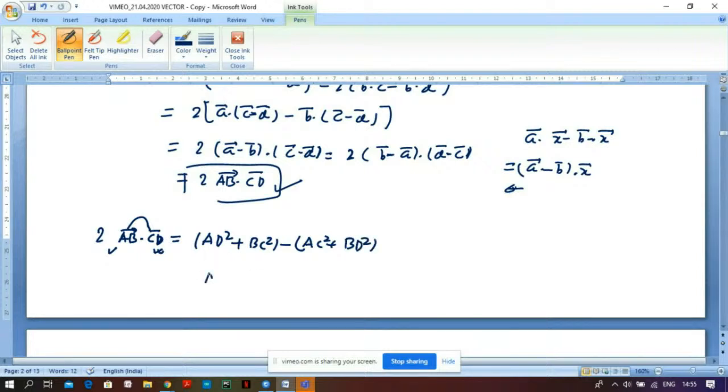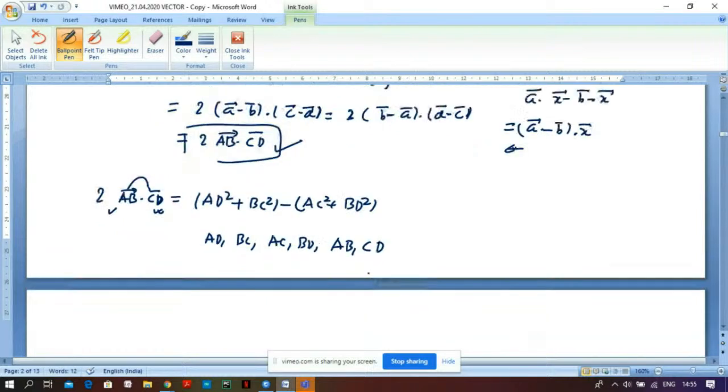Here you have AD, BC, AC, BD appearing, and AB and CD appear with a vector sign on the left side. So all 6 distances do appear.